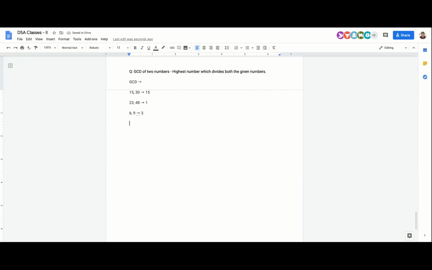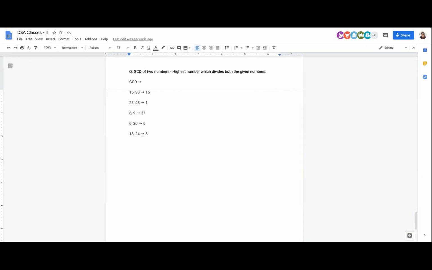And let's say we have 6 and 30, then the GCD will be 6. Let's say we have 18 and 24, then the GCD will be 6 in this case.